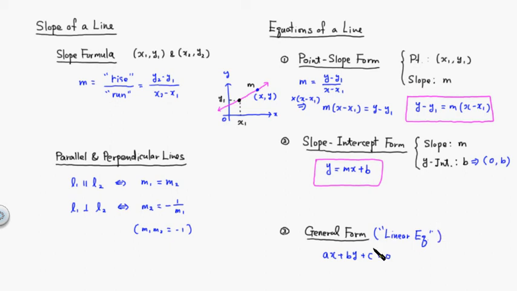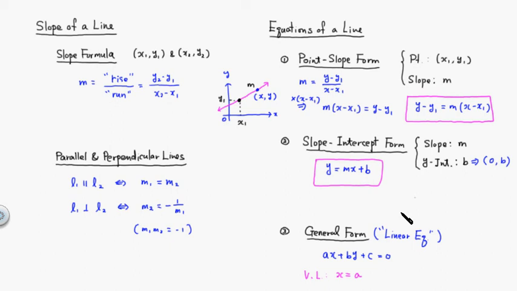For example, a vertical line has an equation of the form x equals some number a. What you can do is have b equal 0, c equal negative a, and the coefficient of x equal 1, and you get that equation.